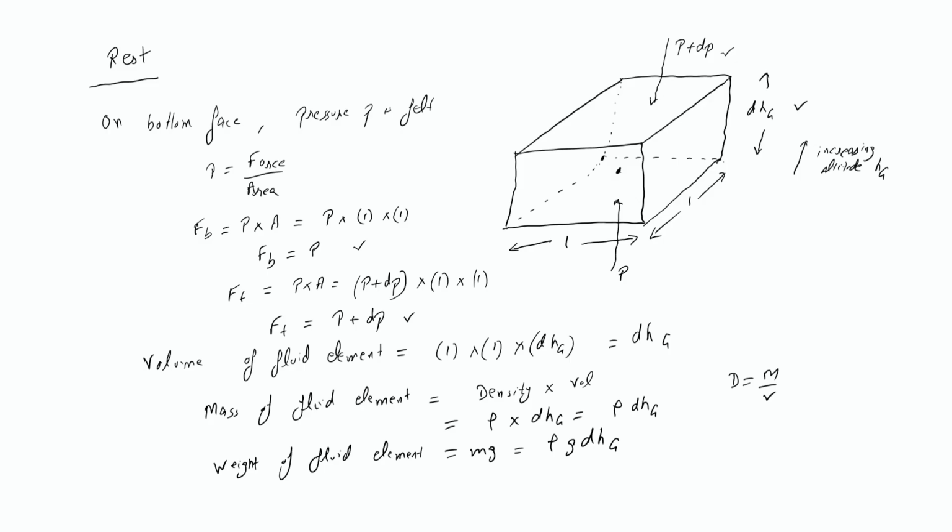So since the fluid element is not moving, it is not moving. So three forces that we have just talked right now, that is pressure on top, bottom, and weight must balance.